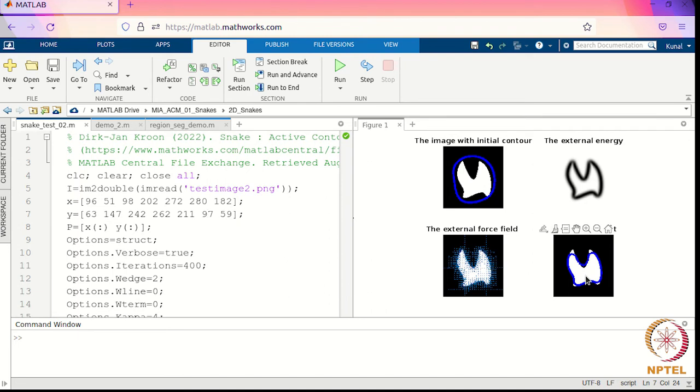So we encourage you to play with various images and various initializations, right? Initialization means different initial control positions. And you can also play with parameters alpha and beta.